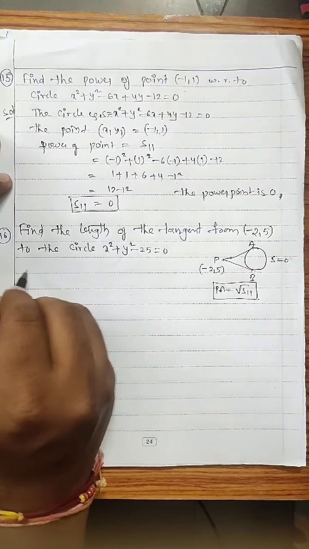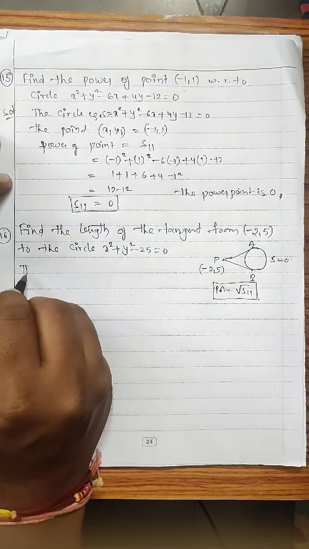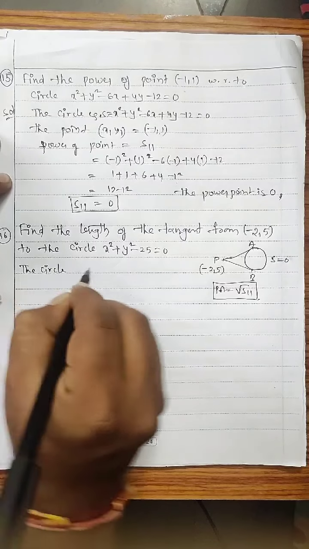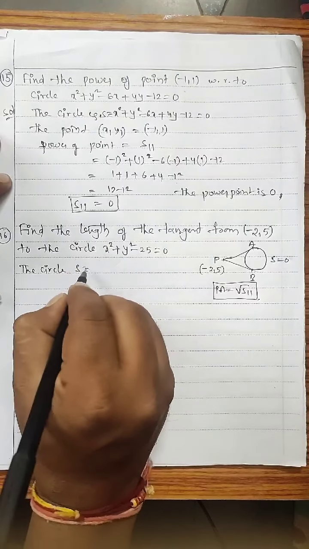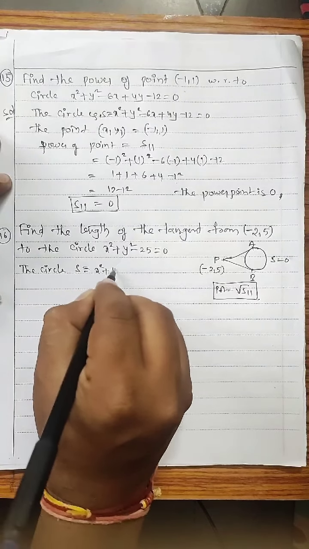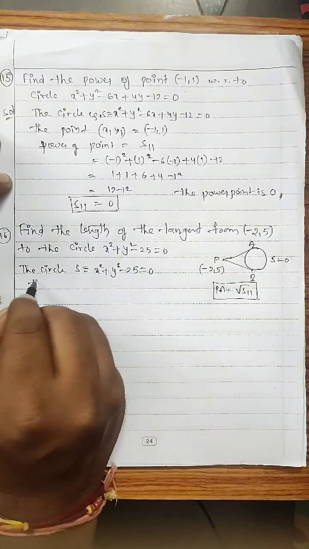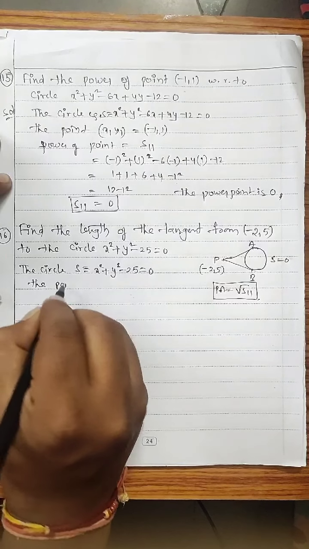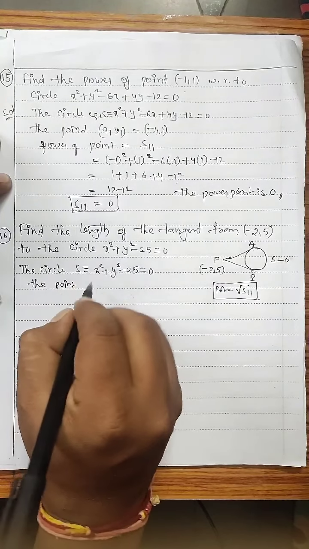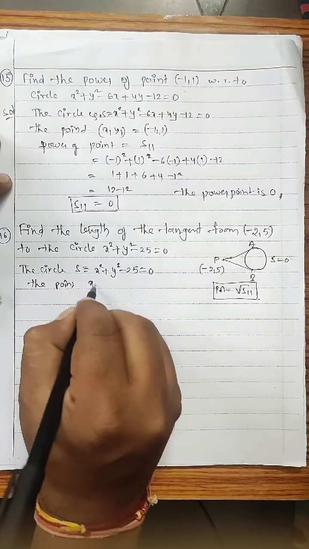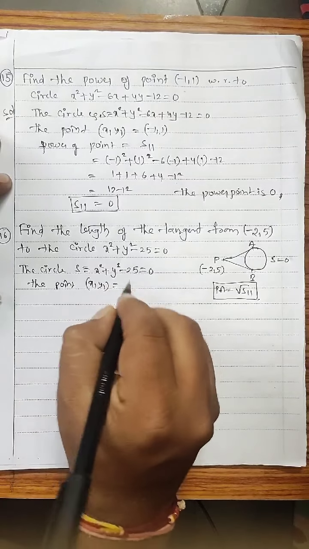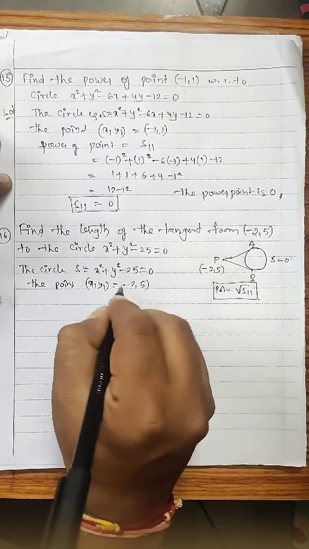So take the given circle S: x² + y² - 25 = 0, and the given point (x1, y1) is (-2, 5).